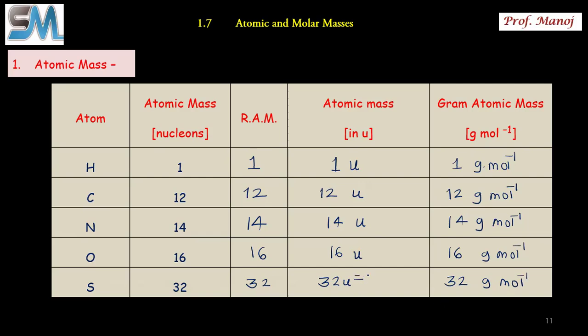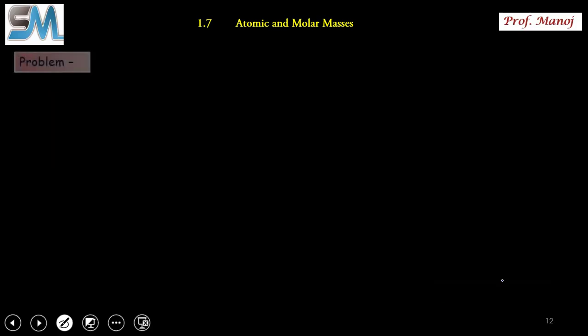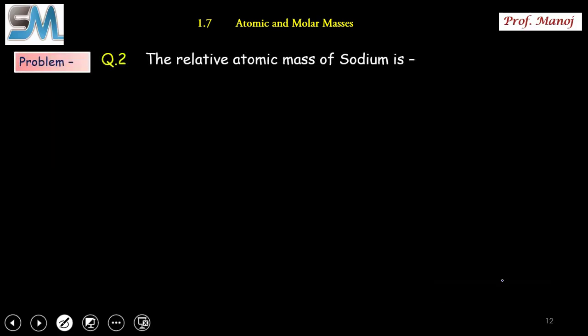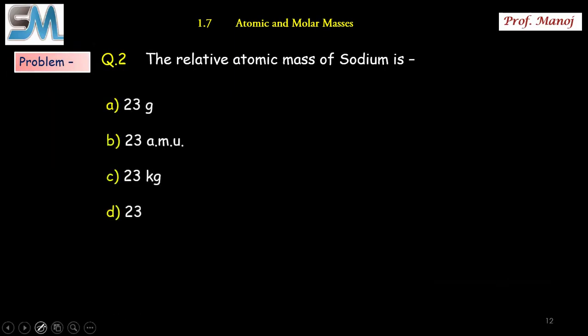Wherever we have written this U, what does it actually mean? This number multiplied by this constant number. Correct? I hope the concept of atomic mass is very clear. Let us solve one problem about this in MCQ form. Relative atomic mass of sodium is going to be how much?